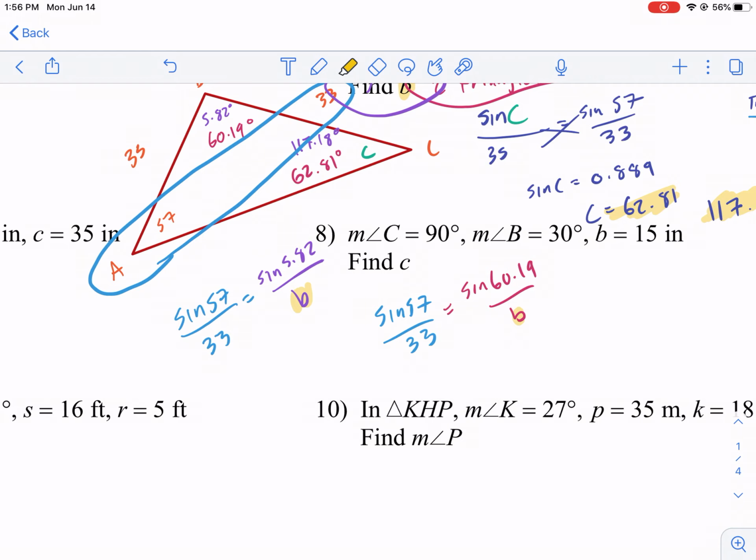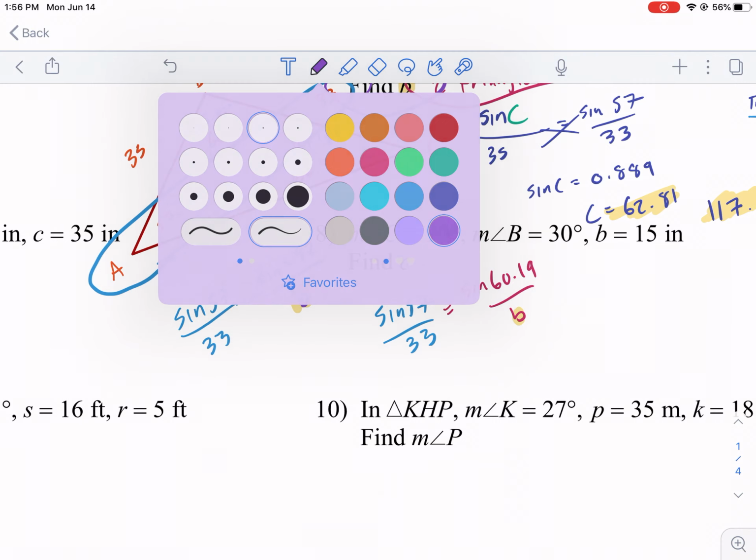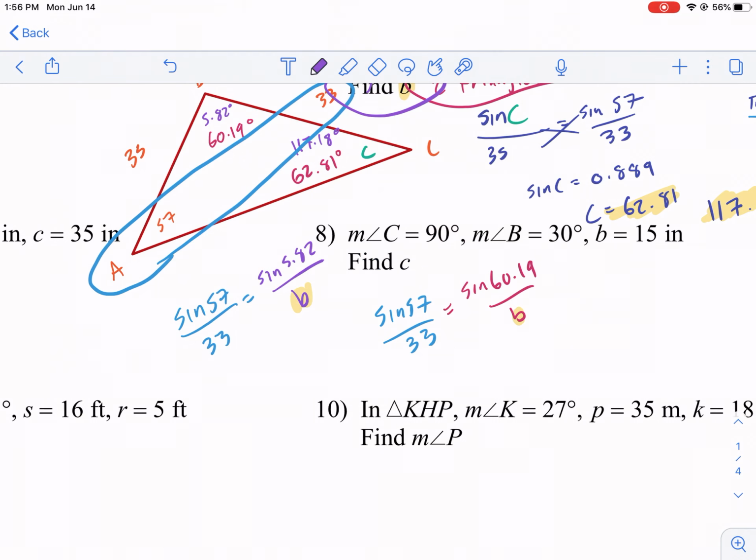Okay, so now let's go ahead and do this. I'm going to do this for the purple first. Okay, I'm not writing out all the steps. I'm typing on my calculator though, which I think you should do as well. So I'm going to do 33 sine of 5.82. Okay, this one's a little bit different, so I'm going to show. So I get 3.34 equals b times sine 57.